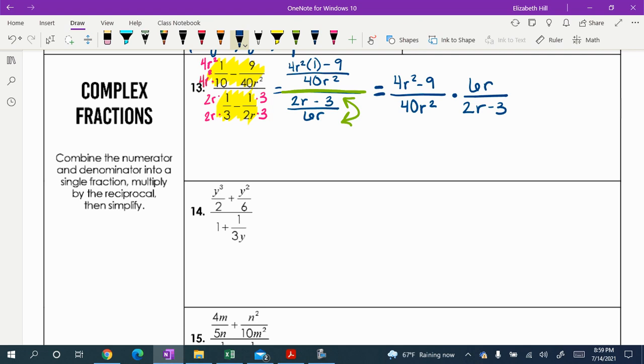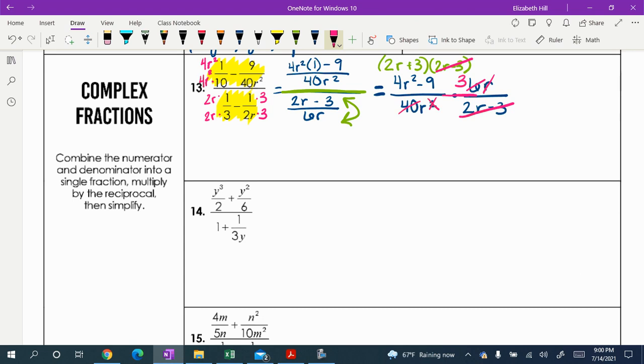Now I'm going to go ahead and simplify right here. This is the difference of two perfect squares. So 2r plus 3 and 2r minus 3 is what that would simplify down to, which is great because the 2r minus 3's would cancel. Since you're multiplying straight across here, my r would cancel with one of those r's. And the 6 and the 40, we can divide both of those by 2.